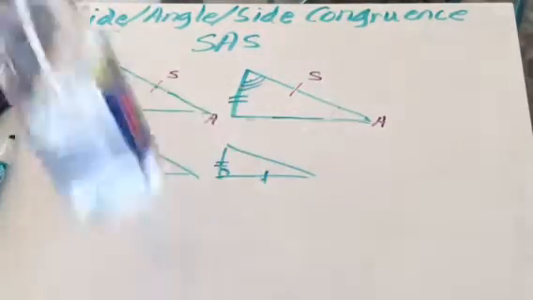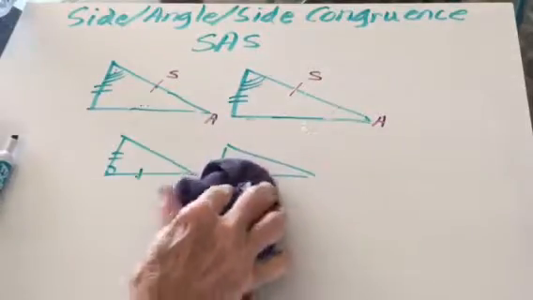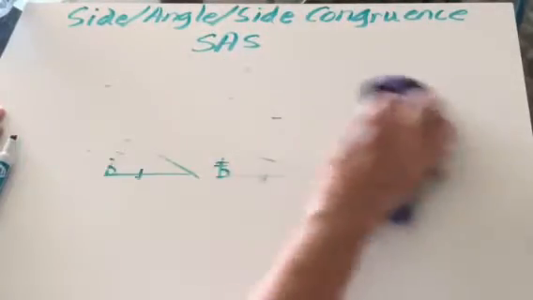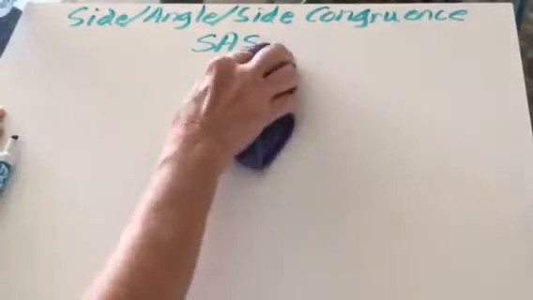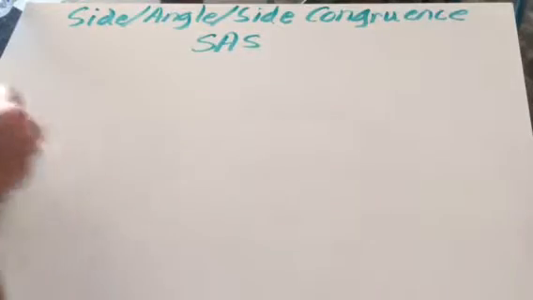All right, now we're going to do a little quick proof here. I want to show you how you can do a proof of two triangles.